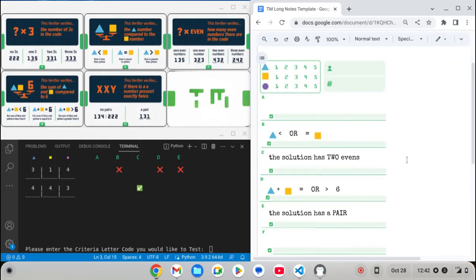So B and D are both... Oh, yeah. And I was just thinking about criteria card B. Could they be equal? So we know if they are equal, then our choices are 3, 3, 4, 4, and 5, 5.